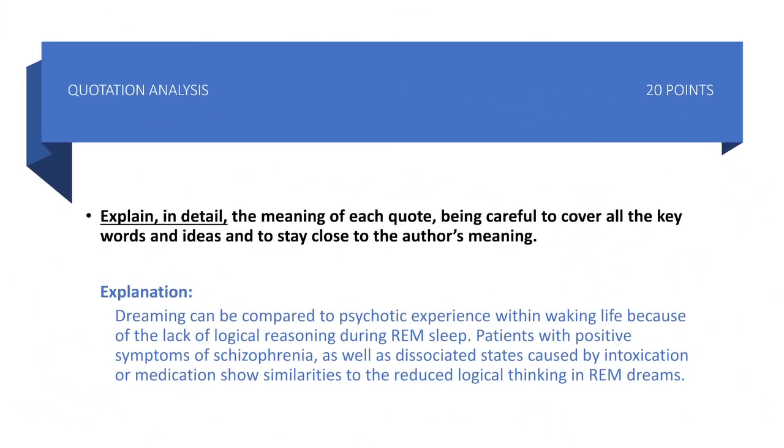Then explain in detail the meaning of each quote, being careful to cover all of the keywords and ideas and to stay close to the author's meaning. Your explanation, like this student's explanation, should be approximately the same length as the quote. Certainly not shorter.